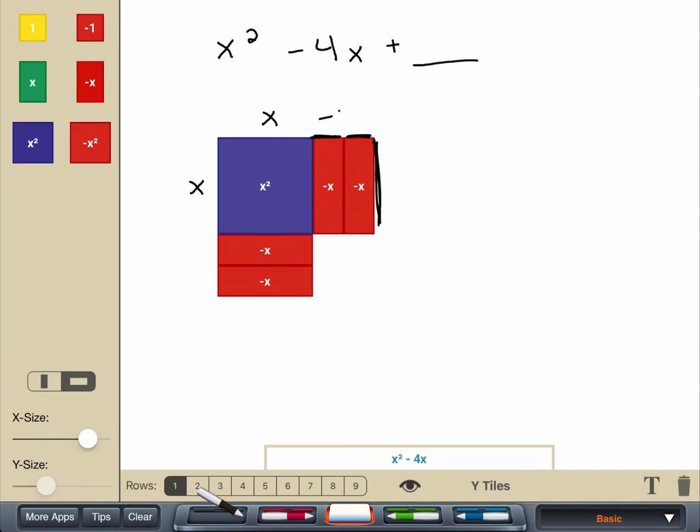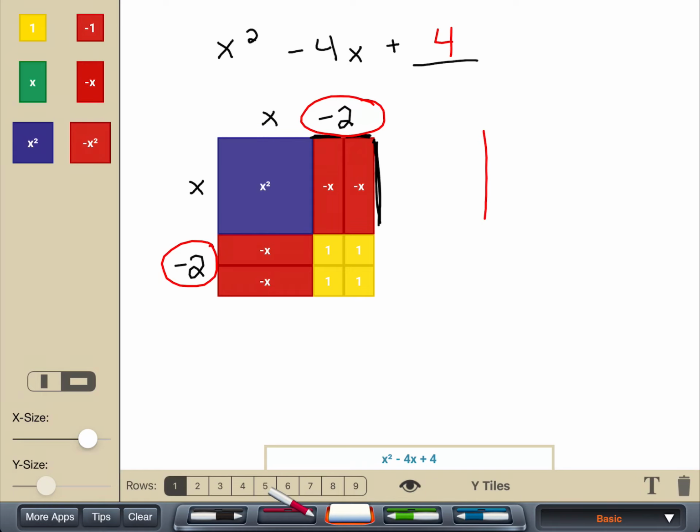So this is a minus 2, and this is a minus 2. And to figure out what goes in that other box, we have to do this number times this number. Think about our box method that we've talked about before. So that would actually give us a positive 4. So actually what's going in this last spot is plus 4.